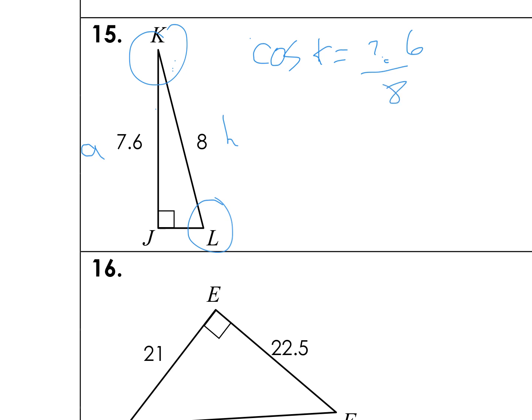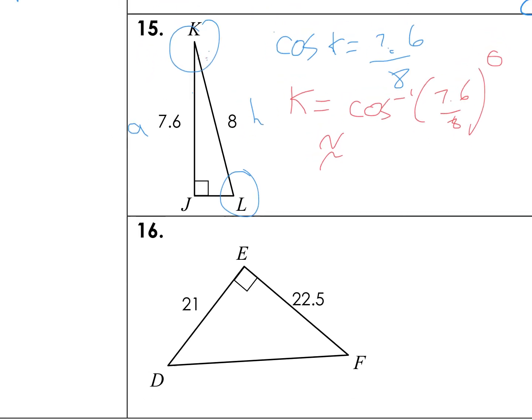Use second cosine, arc cosine, inverse cosine, whatever it is. The angle K will be the inverse cosine of that fraction, 7.6 over 8, in degrees. You're probably going to round it to one decimal place. Now you'll have an angle there.